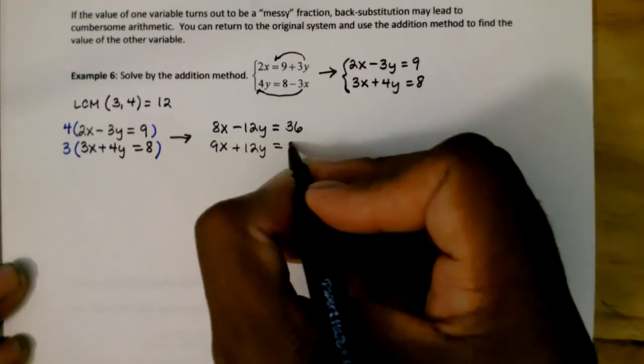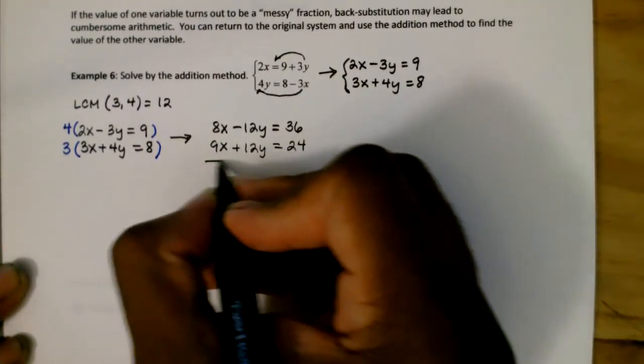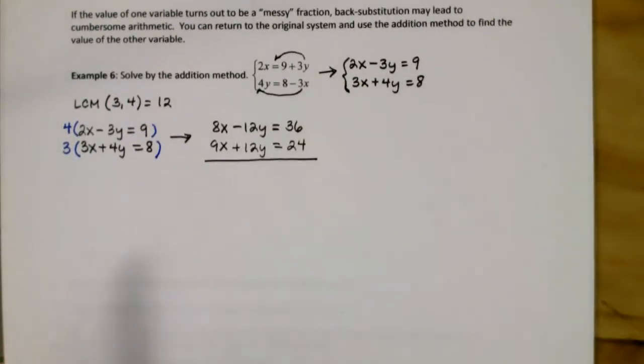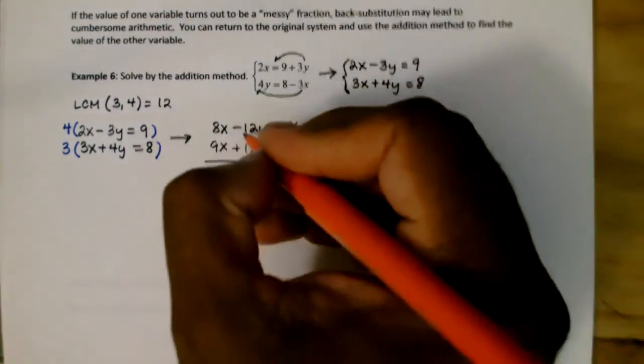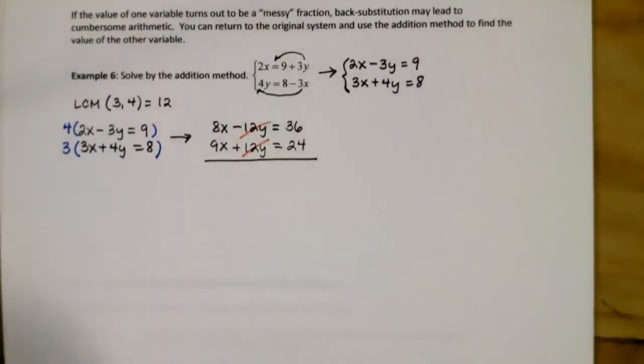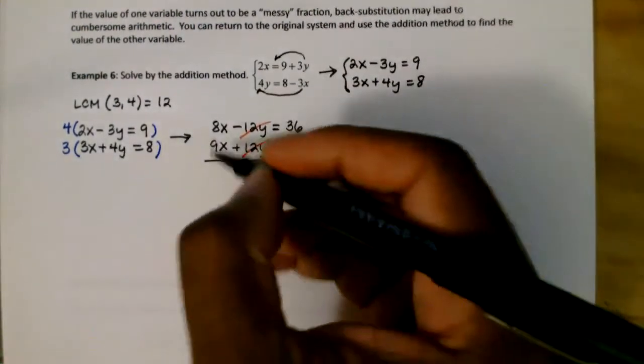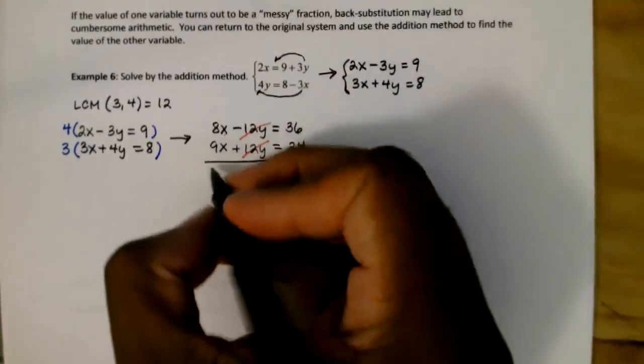That's equal to 3 times 8. That'd be 24. And now we can combine the two equations together. You'll see that minus 12y and plus 12y are gone. They're eliminated. And then we combine 8x and 9x is 17x.